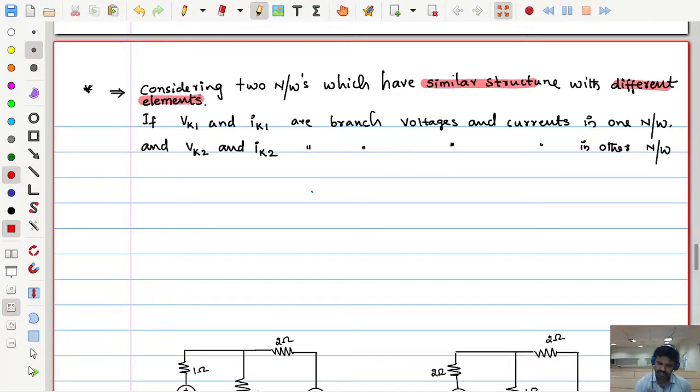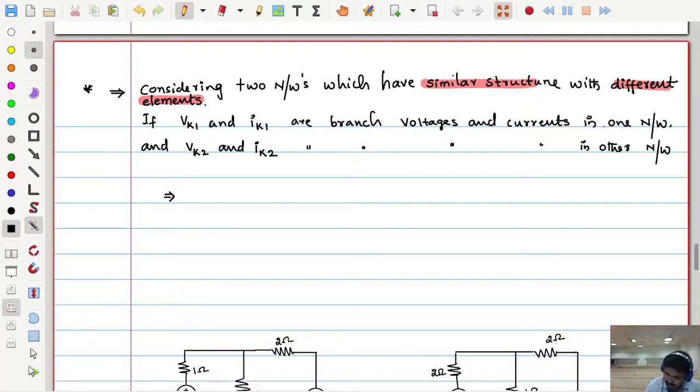This is the condition. For such networks, if Vk1 is the kth branch voltage and Ik1 is the kth branch current of network 1, and Vk2, Ik2 are the branch voltages and currents in network 2, then according to Tellegen's theorem, this is a very important observation, carefully observe.